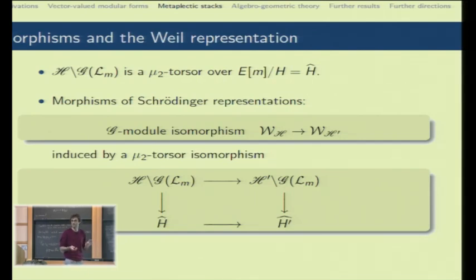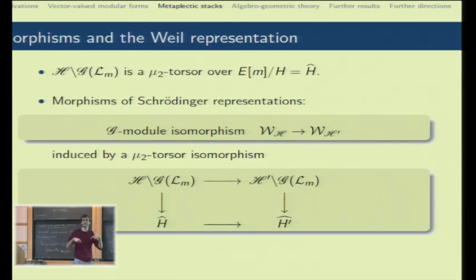It's a bit of a technical condition. Sorry, so this WH I could write in a different way as the push forward over H dual of that torsor over there. So you do get an isomorphism by functoriality. Coming from a situation like this, you get by functoriality an isomorphism of the corresponding Schrodinger representations.